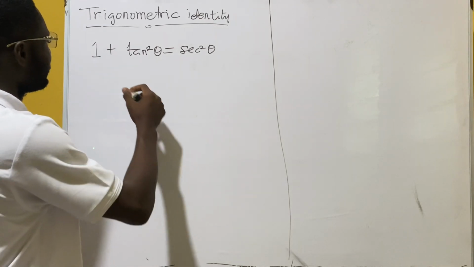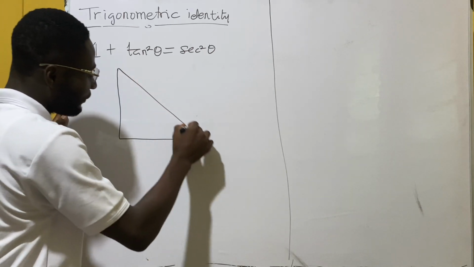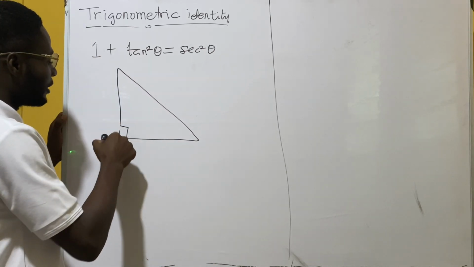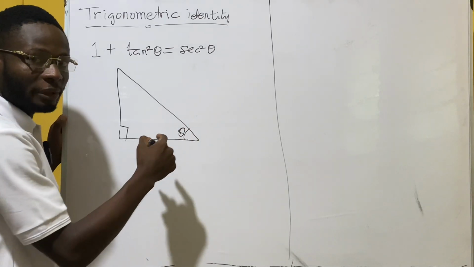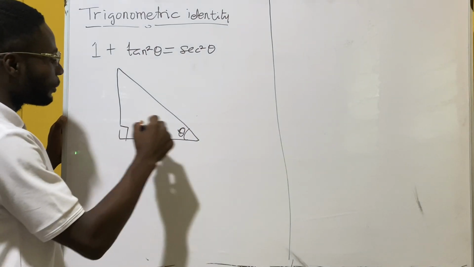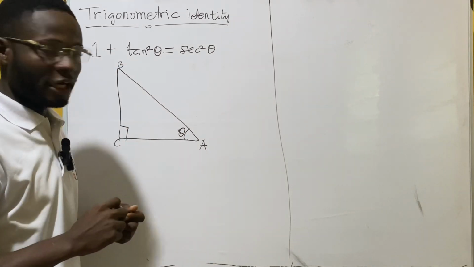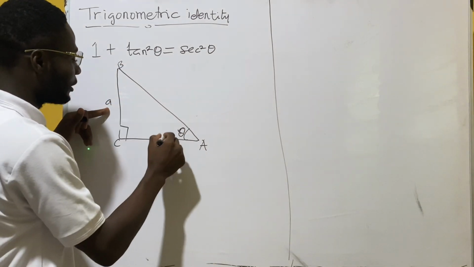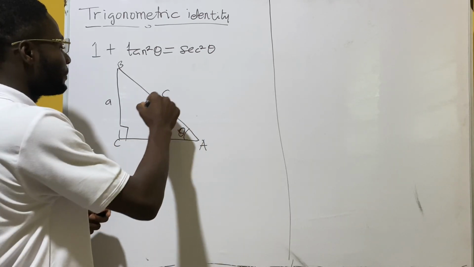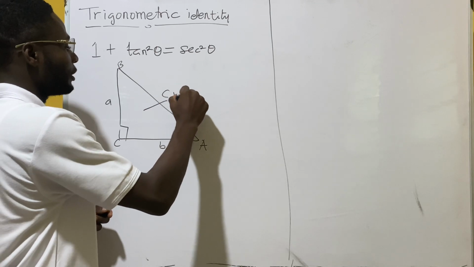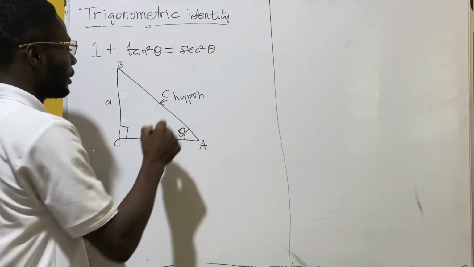So here, let's try to draw this figure. We have 90 degrees here, and we have an angle here, so this now becomes a right angle triangle. We label the sides A, B, and C. The longest side is the hypotenuse, and that is this one.